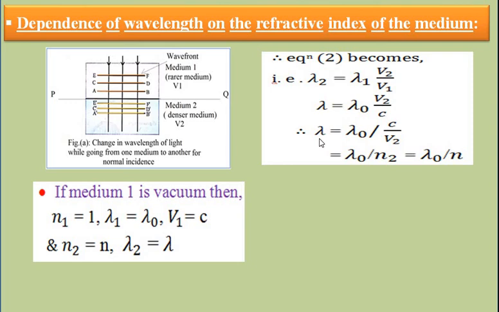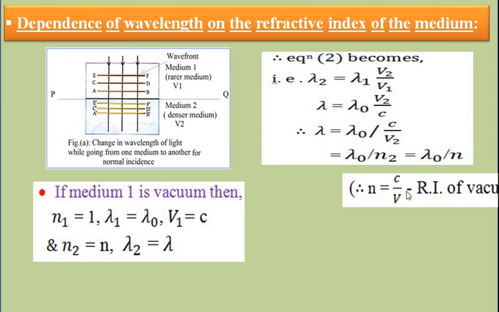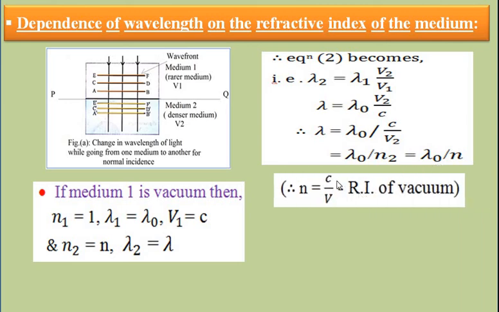Therefore, we get lambda is equal to lambda 0 divided by small n. Here small n is the ratio of the velocity of light in the rarer medium divided by the velocity of light in the given medium, that is the refractive index with respect to vacuum.